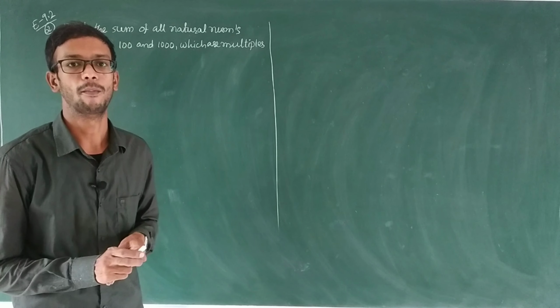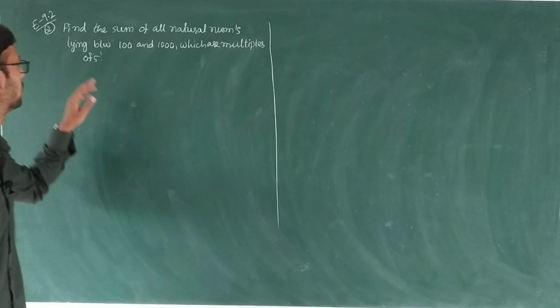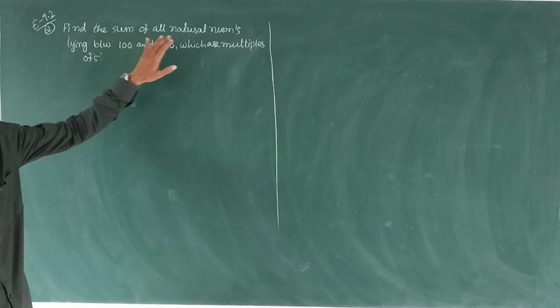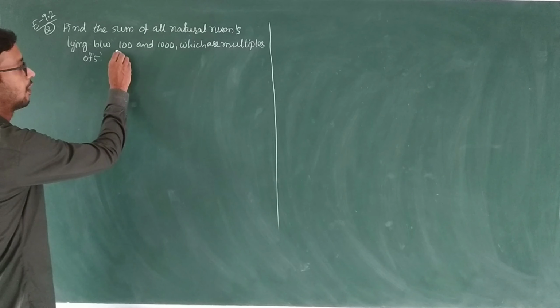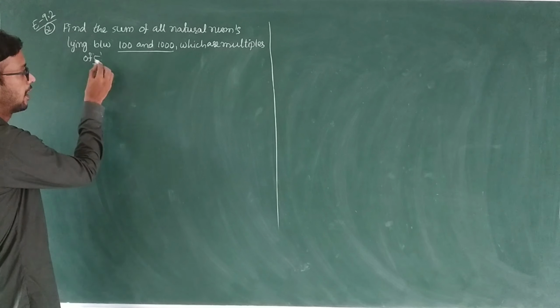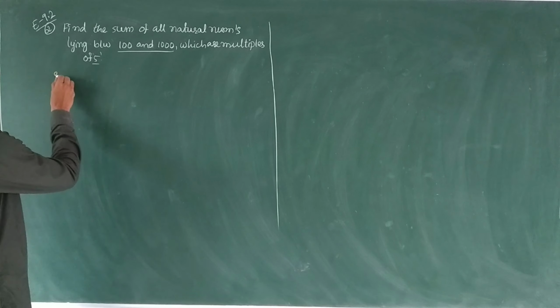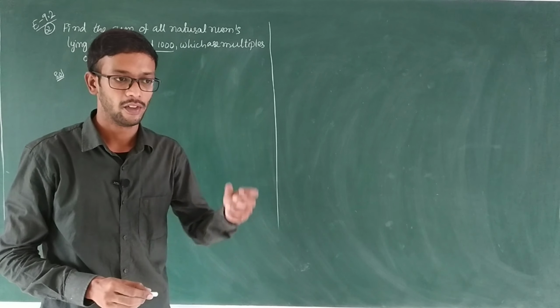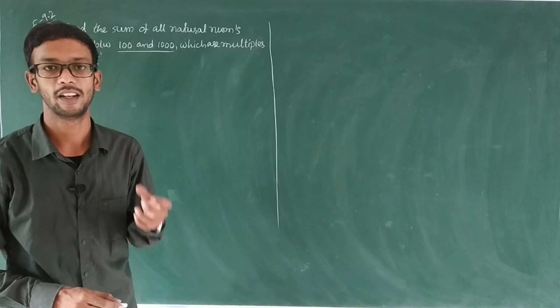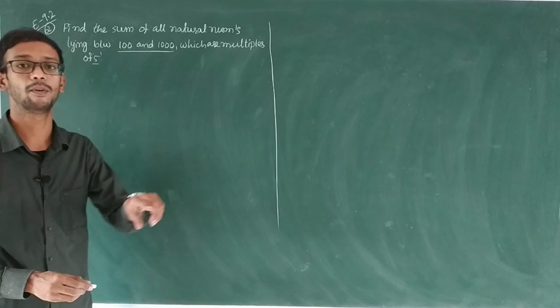Next, problem number 2 in the exercise. Find the sum of all natural numbers lying between 100 and 1000 which are multiples of 5. Observe the numbers lying between 100 and 1000 which are multiples of 5.